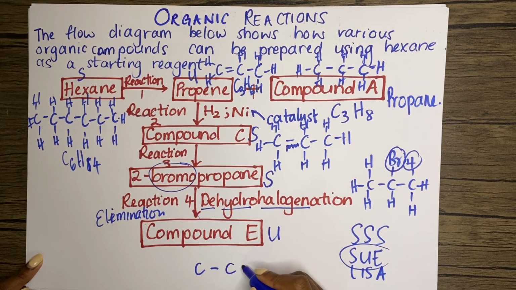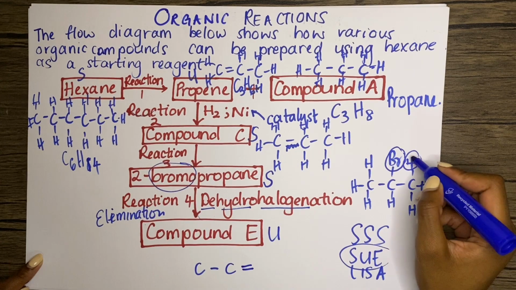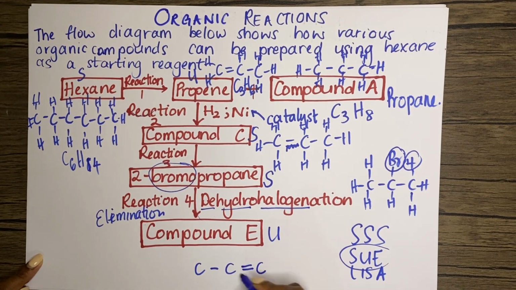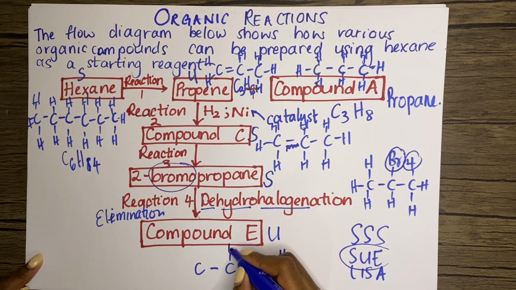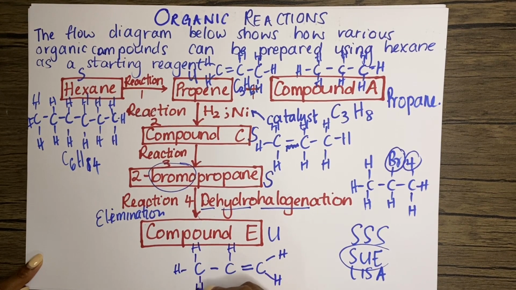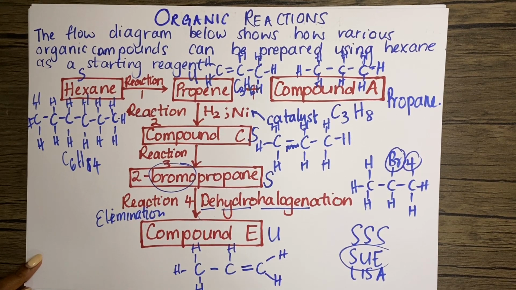So if I remove the H and the Br here, I'm going to have a double bond here, and I'll be left with 2 hydrogens. And it's going to look like that. So that's also a propene, right?